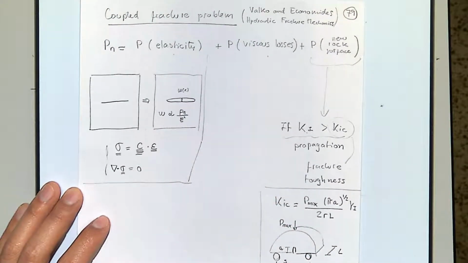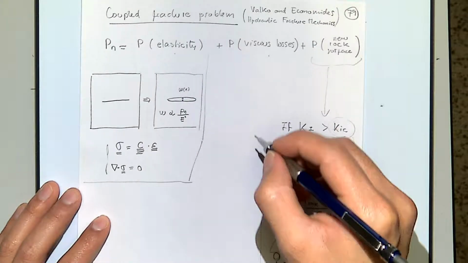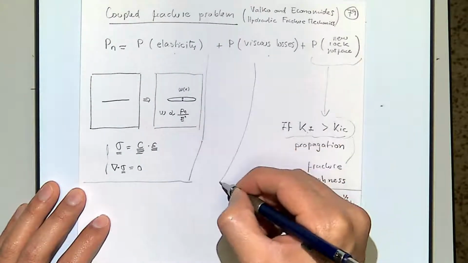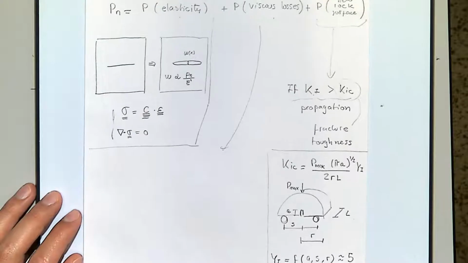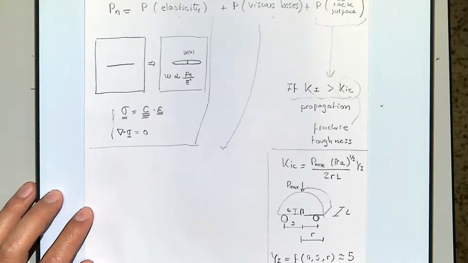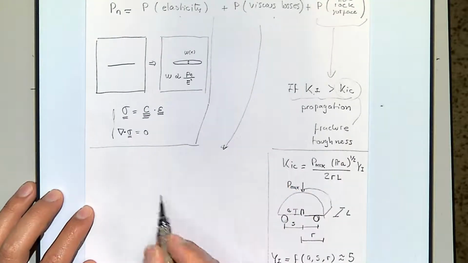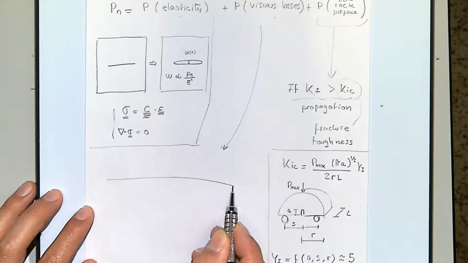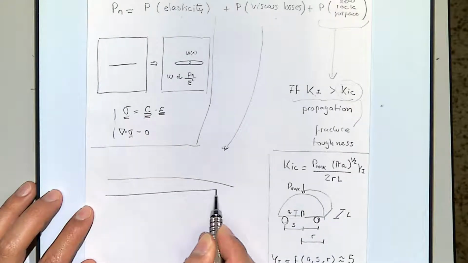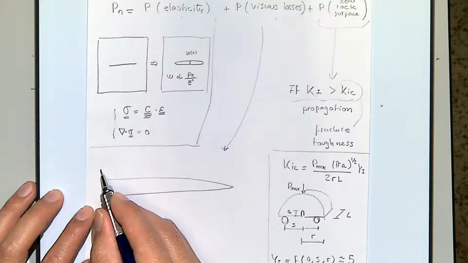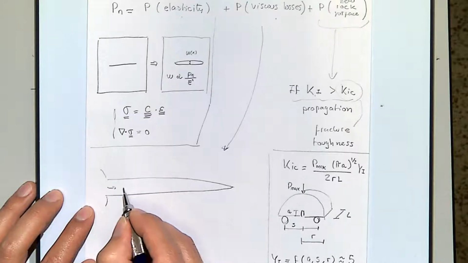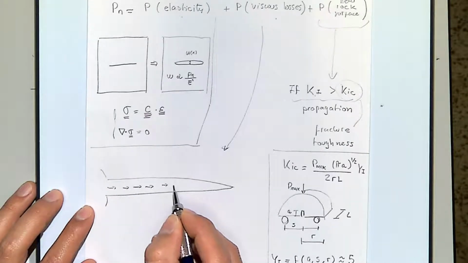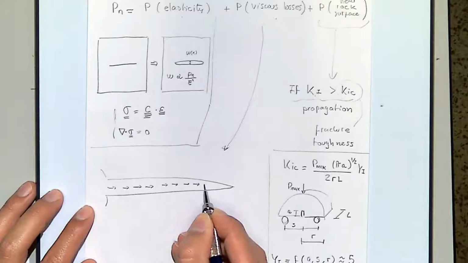The other part of the problem here is that for that fracture to propagate, you need additional energy to make the fluid go from the wellbore through the fracture, right?